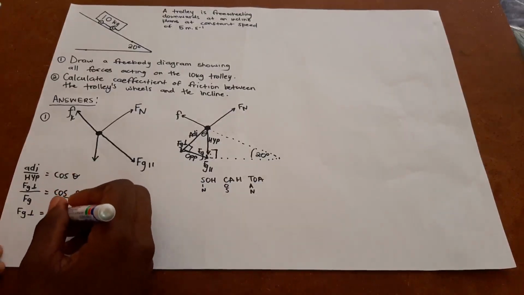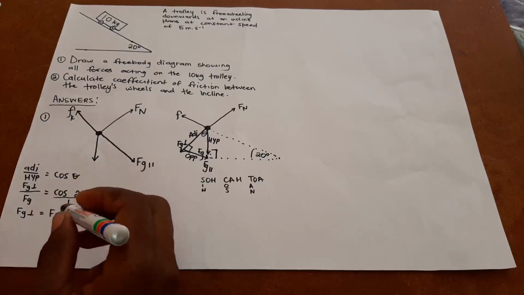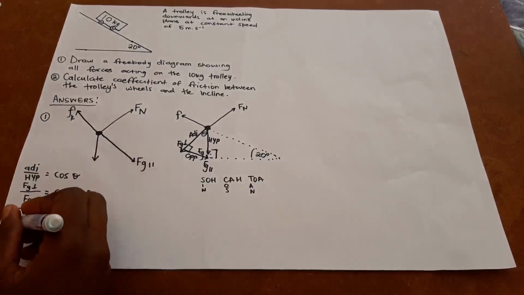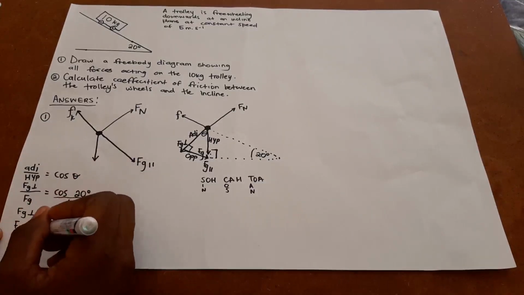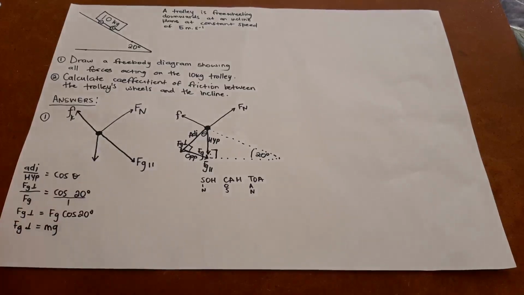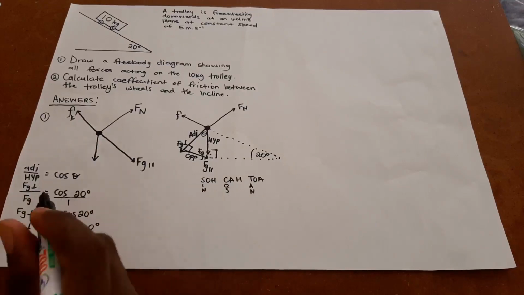You know that FG, the gravitational force, is equal to the mass multiplied by gravitational acceleration, so mg cos 20 degrees.